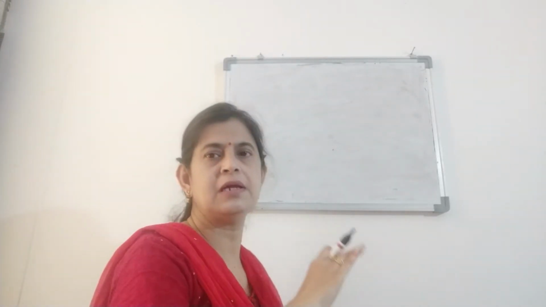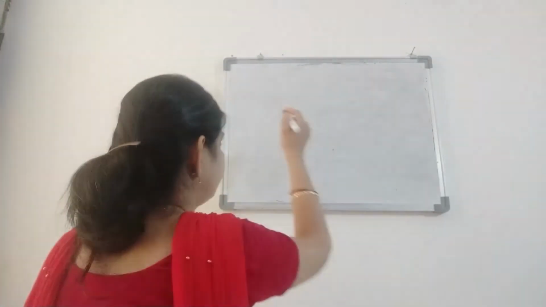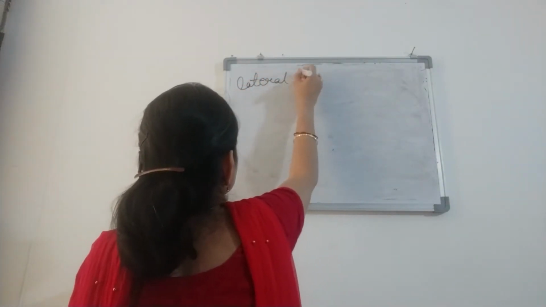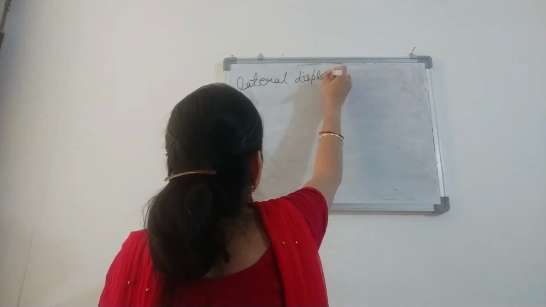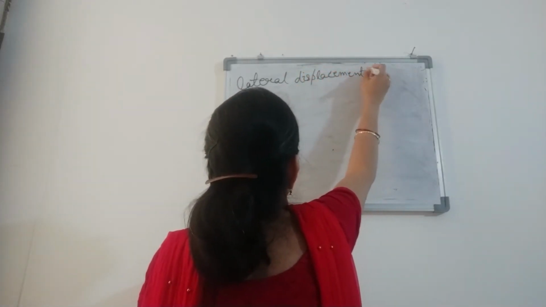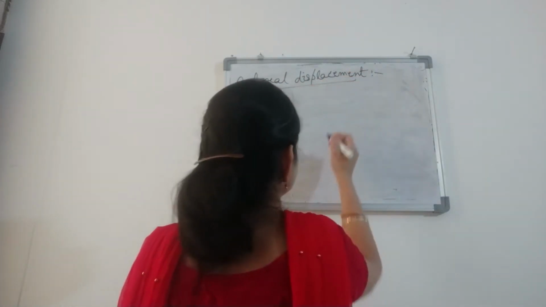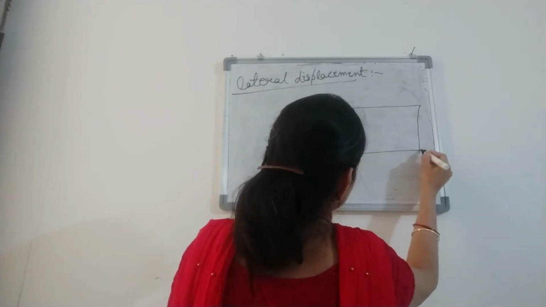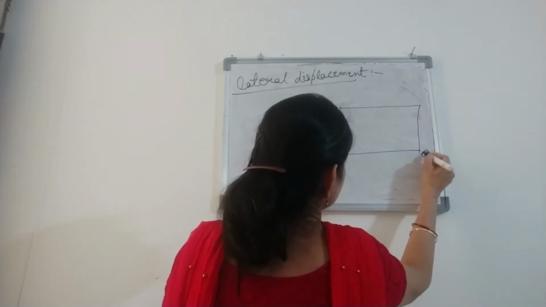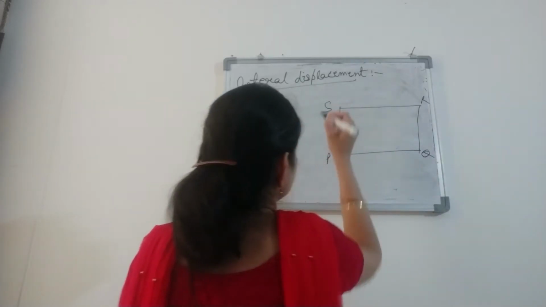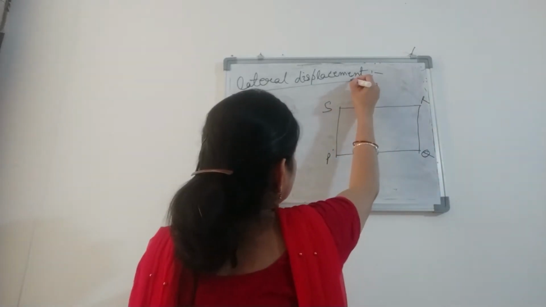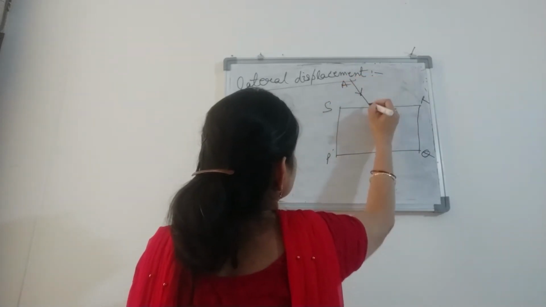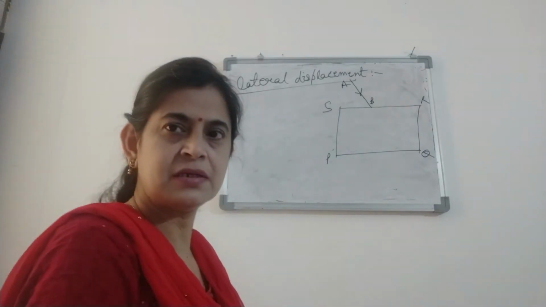Now, what is your lateral displacement for a glass slab? Suppose this is a glass slab PQRS, and AB is the incident ray.